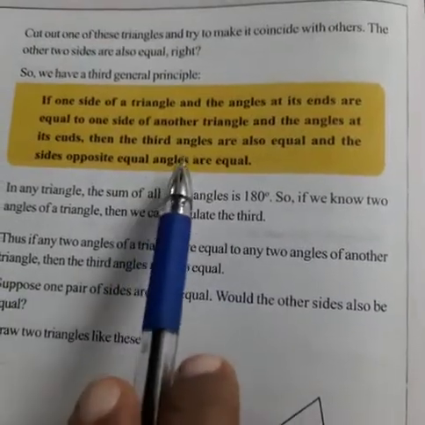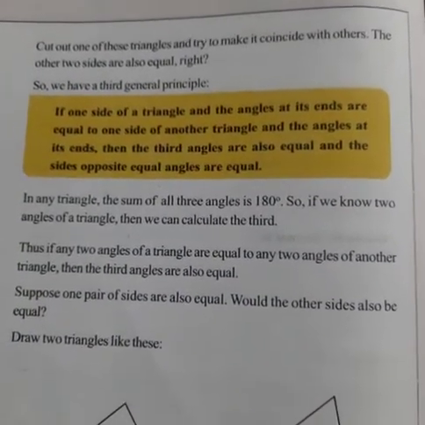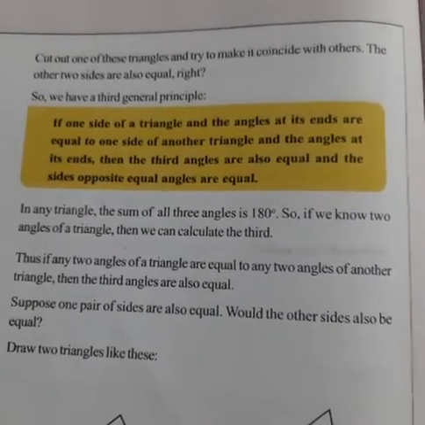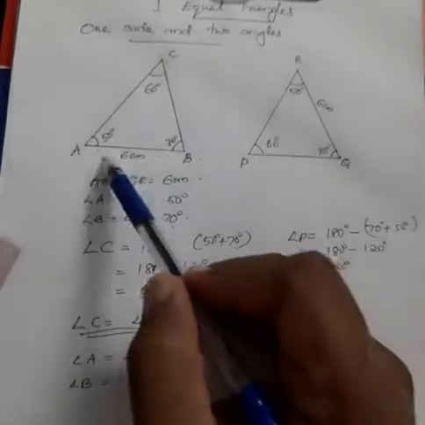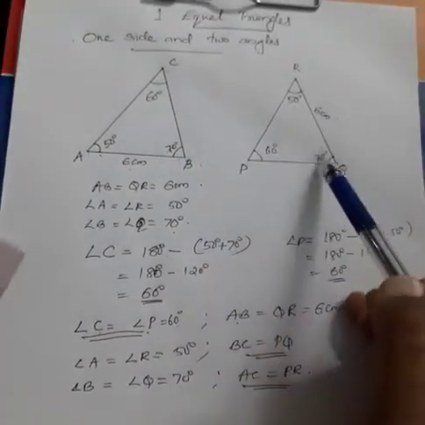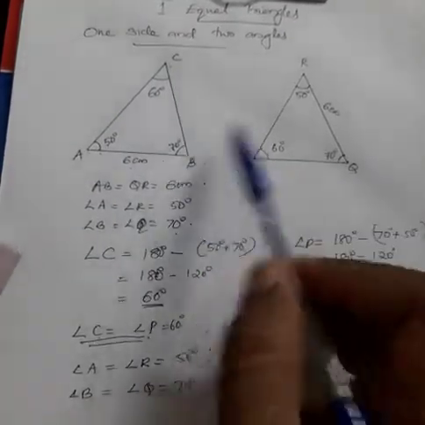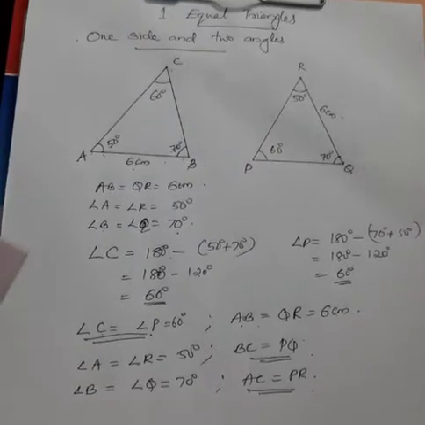So using this principle, we have to do the question. One side and angles at its ends are given, so all other angles and the sides are also equal.